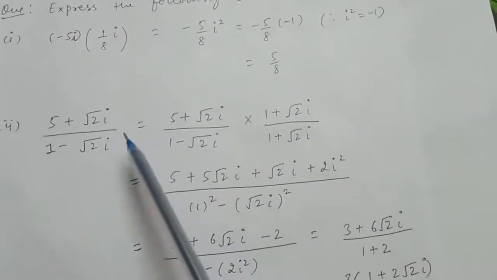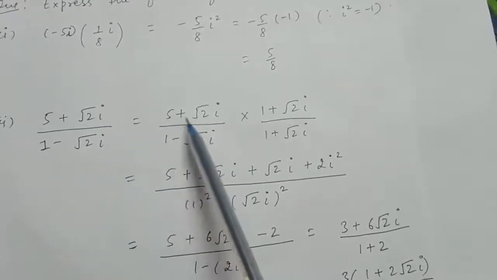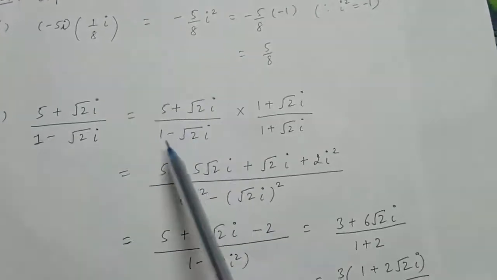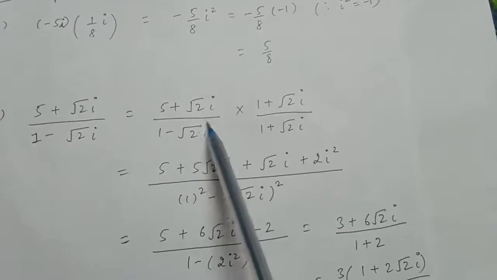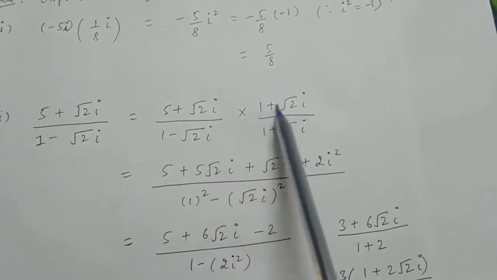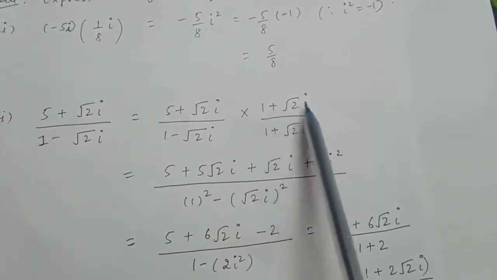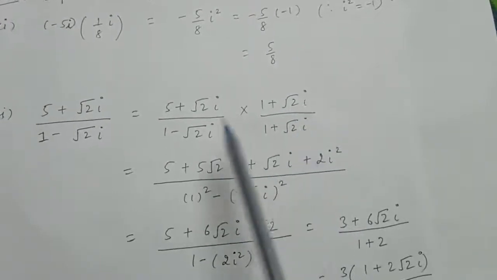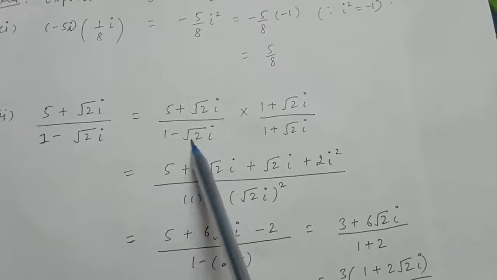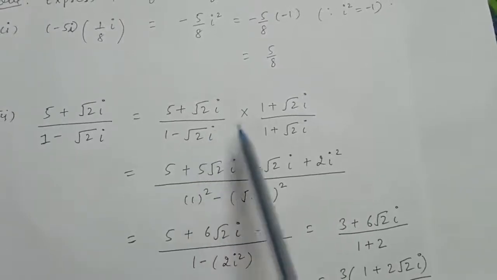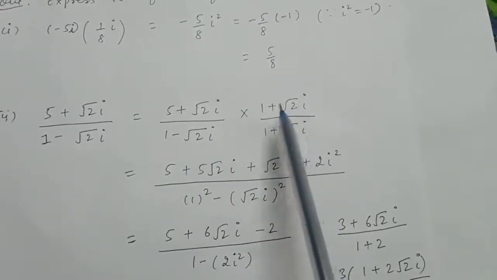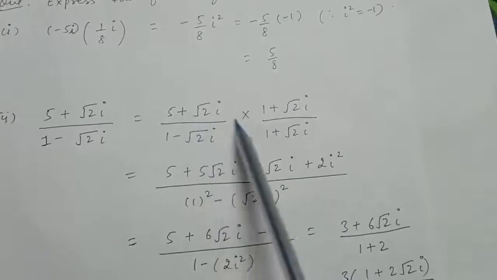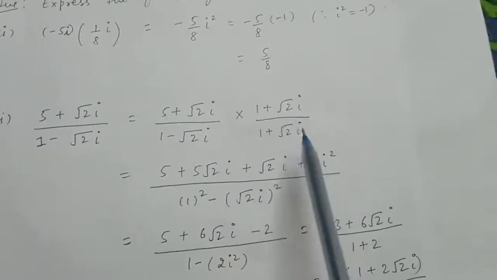So for this it can be written as (5 plus root 2 iota) upon (1 minus root 2 iota). Now rationalize this, which will become (1 plus root 2 iota) upon (1 plus root 2 iota), right? Change the sign of this imaginary part. Here it is minus root 2, so here it will be plus root 2. So rationalize this number with 1 plus root 2 iota, right?